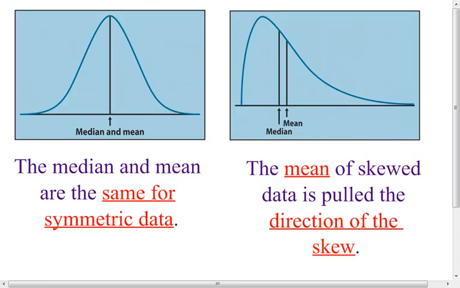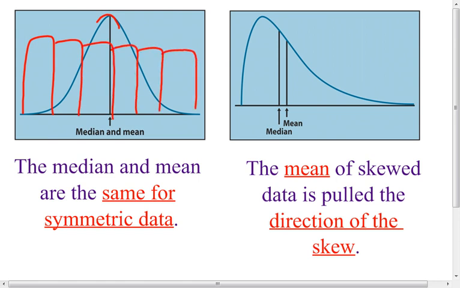So here's what you need to know. When you have symmetric data, and it could look something like this, which happens to be unimodal, it peaks in one spot, the mean and the median are going to be the same. This is also true if you have a uniform distribution that looks something like this, remember, where it's sort of rectangular shaped. The mean and the median would also be pretty much the same there.